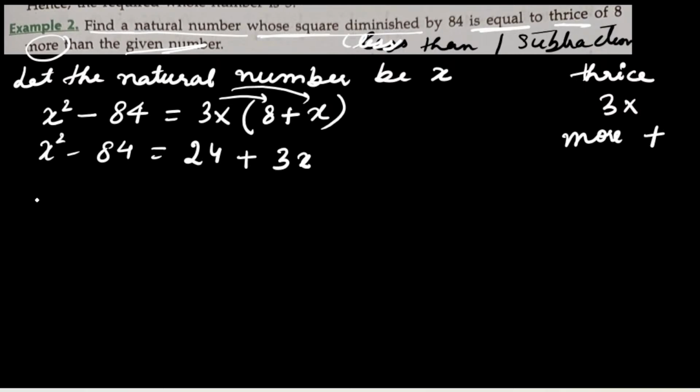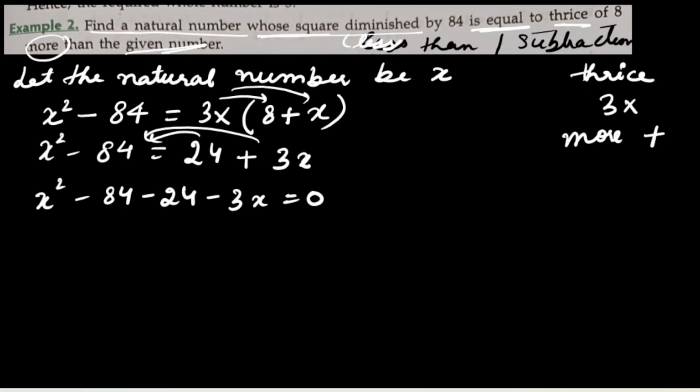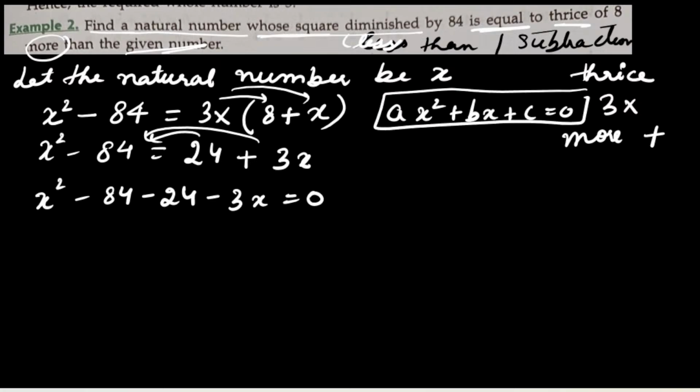Now let's shift all the terms to this side. So x square minus 84 is already there. If I shift 24 to this side, it will become minus 24. If I shift 3x, it will become minus 3x. On the other side nothing is there, so I can write equal to 0. Now let's write it in the form of the standard equation. The standard form is ax square plus bx plus c is equal to 0. This is the standard equation.